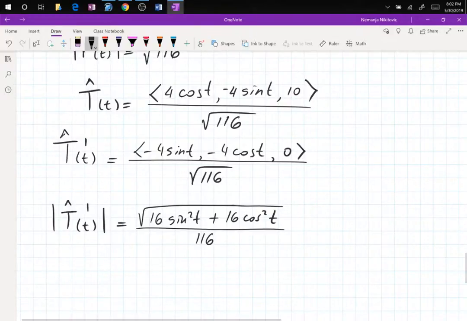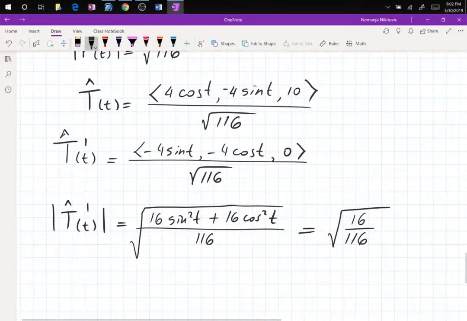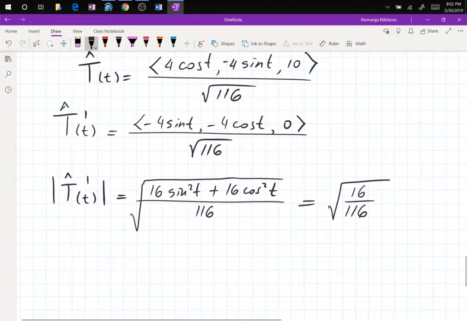No, this square root needs to stay, right? Because it's 4 divided by square root of 116. When I square it, it becomes 16 and the root dies, but it's still under the big root. Okay, good. So now I have a square root of 16 divided by 116. Now we can cancel this and clean it up a little bit.